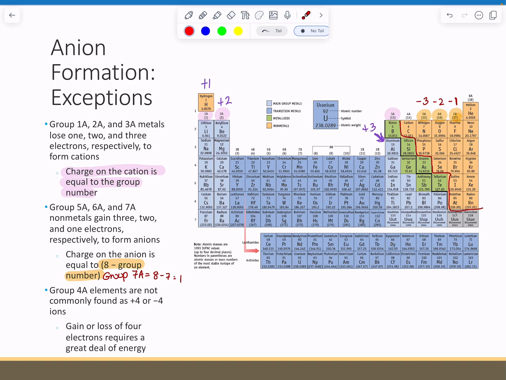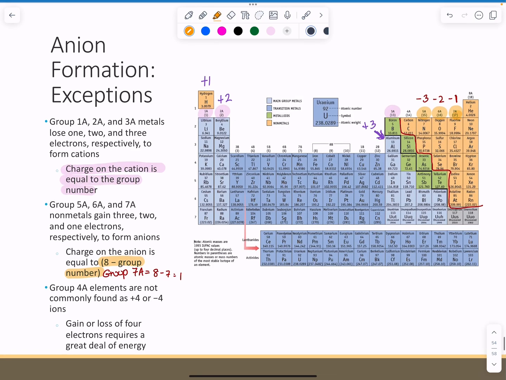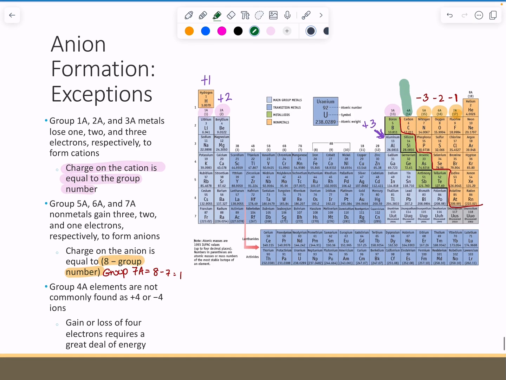All right. So up to this point, we have not talked about these guys right here in group 4A. Okay, and that's because they don't form ions. Okay, so ion formation for these is really uncommon.